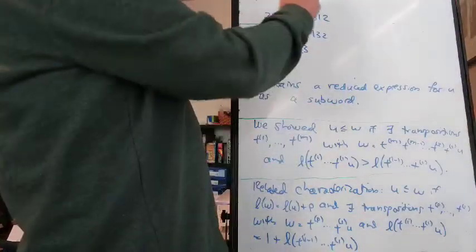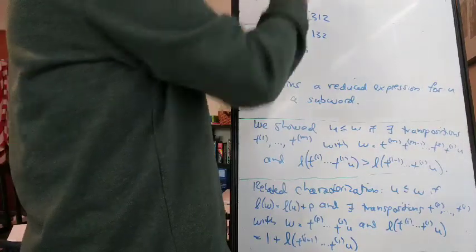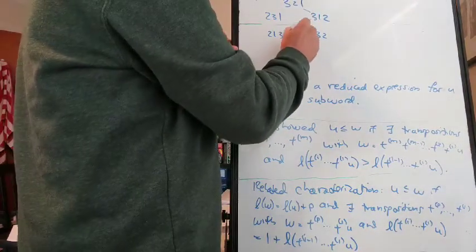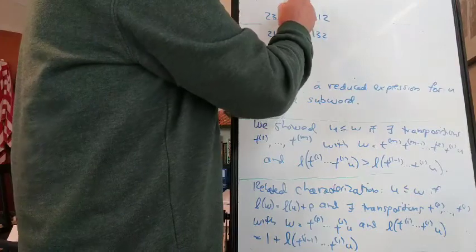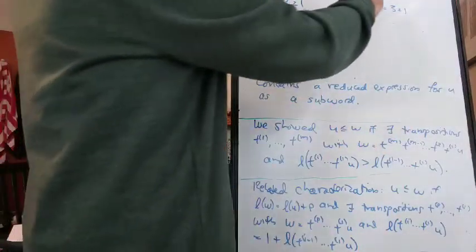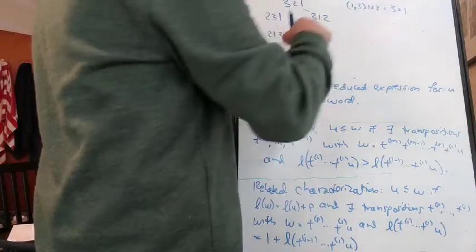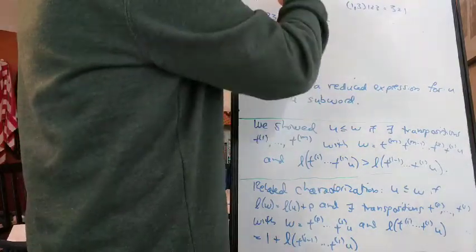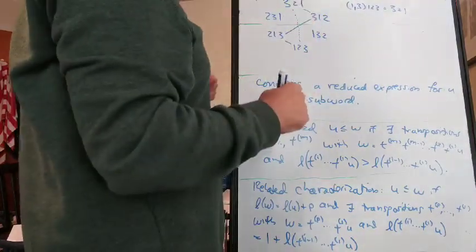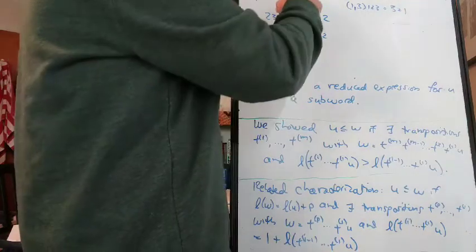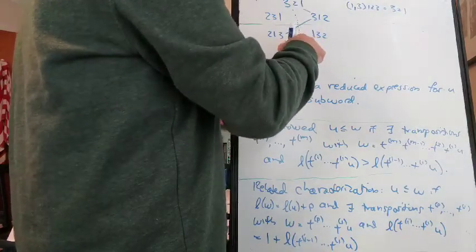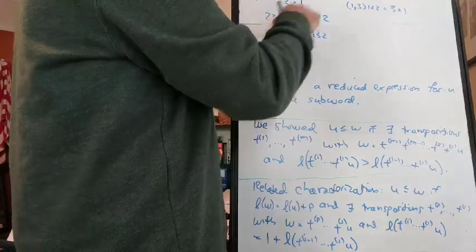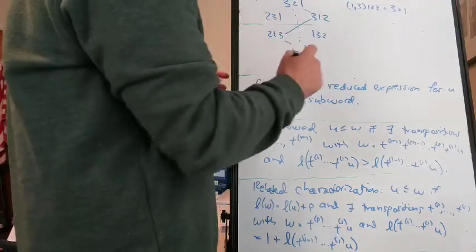If we look at this path from 1, 2, 3 to 3, 2, 1, now here's another path. So (1 3) applied to 1, 2, 3 equals 3, 2, 1. So there's just one transposition where we go up in length when we apply it, and that actually sends us from 1, 2, 3 all the way up to 3, 2, 1. Or we could take another path going through 2, 1, 3 to 3, 1, 2 to 3, 2, 1.